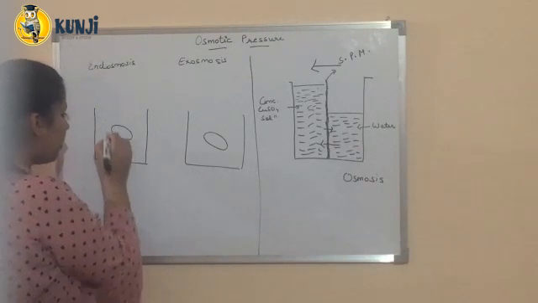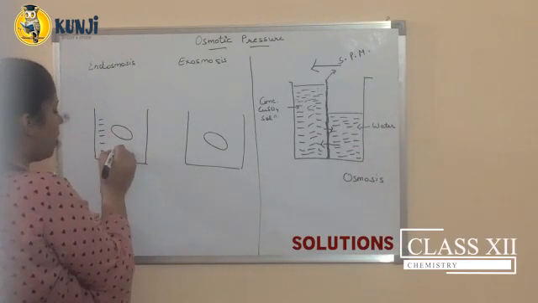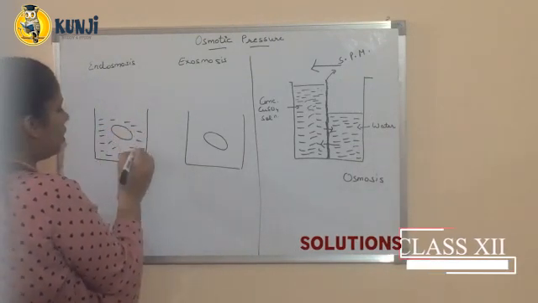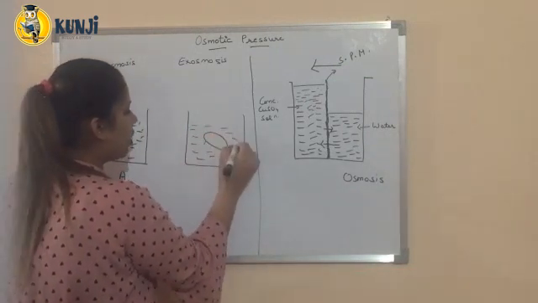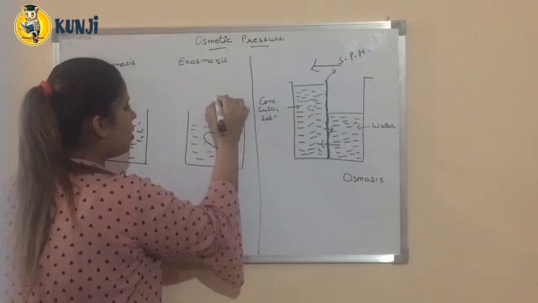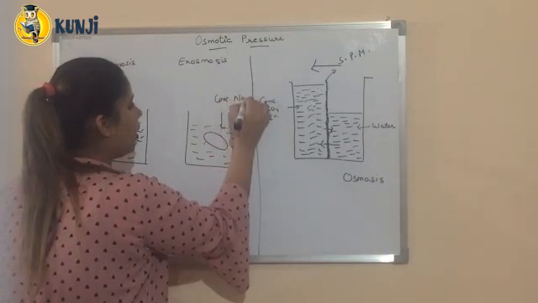In beaker A, I am putting this egg in water, and in the second beaker I am putting this egg in concentrated NaCl.